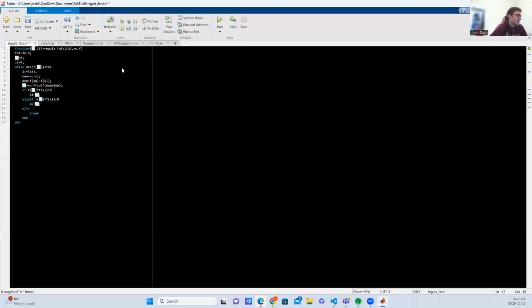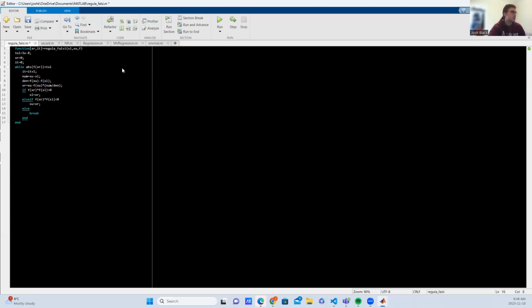Else if f of xr times f of xl is less than 0, this means our root is closer to our true root, but it's above the x-axis. So we're going to replace xu with xr. And else, this means f of xr times f of xl is equal to 0, which means we found the root, therefore we break, and it's going to give us our xr value.